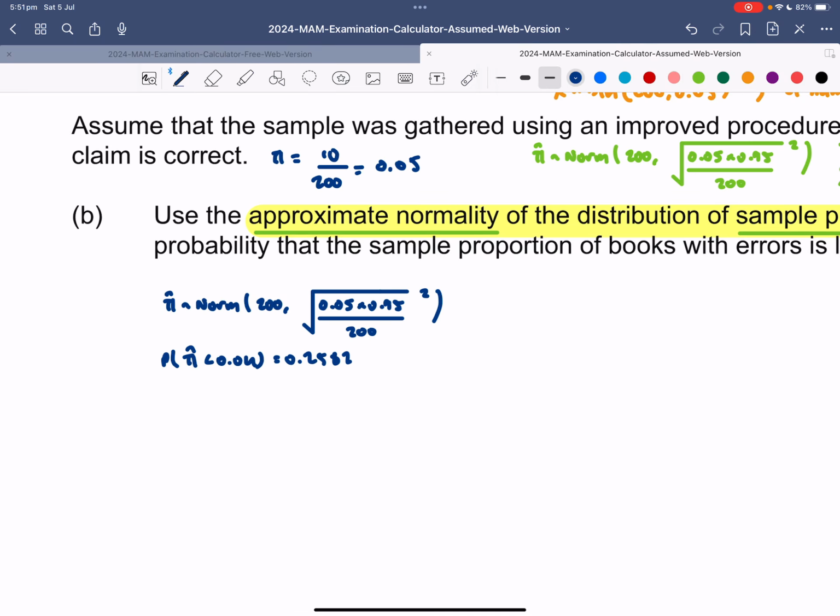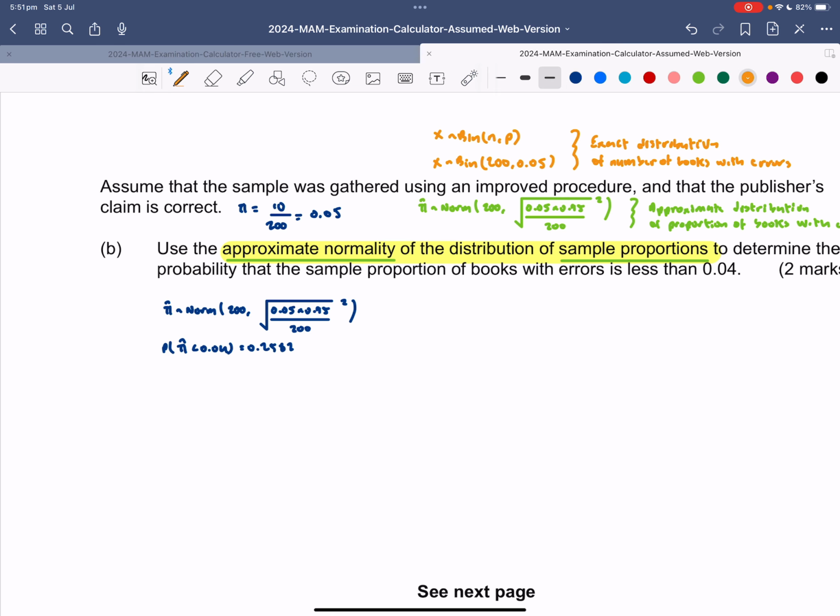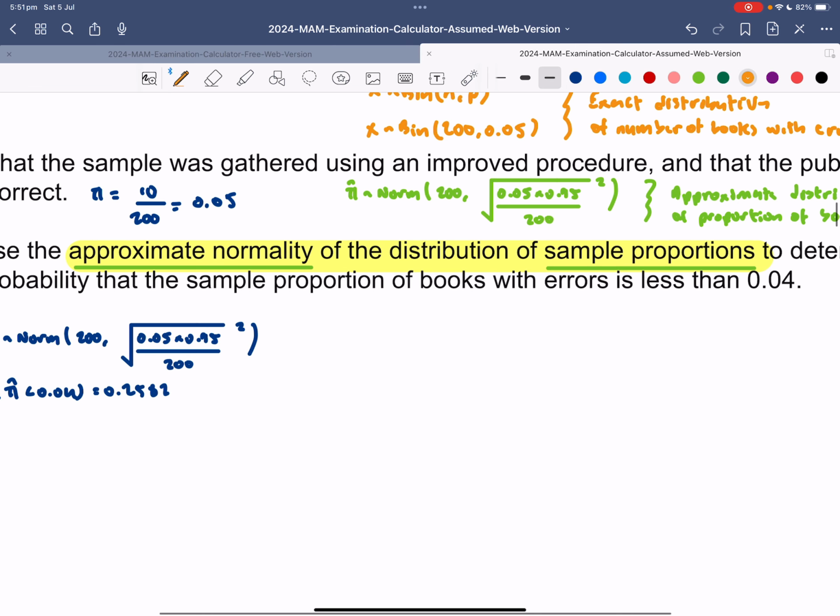If I wanted the exact probability, this is again not what they want us to do, but I would have said X follows a binomial distribution with 200 trials, probability 0.05, just like I did earlier.